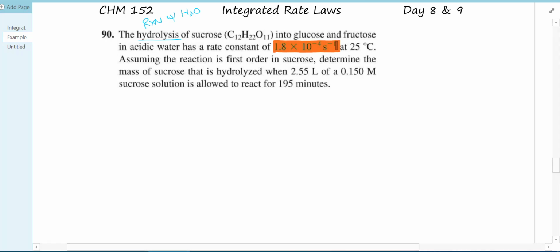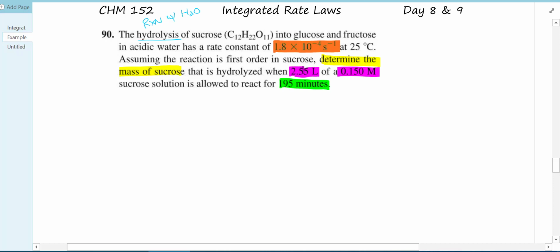Assuming the reaction is first order in sucrose, determine the mass of sucrose that is hydrolyzed, or reacted, when 2.55 liters of a 0.15 molar sucrose solution is allowed to react for 195 minutes. So we have that much, that concentration.